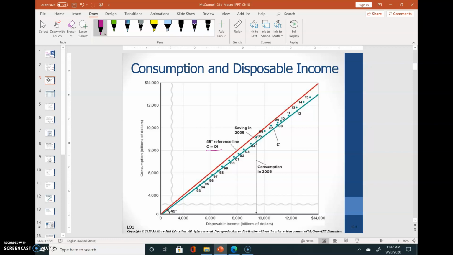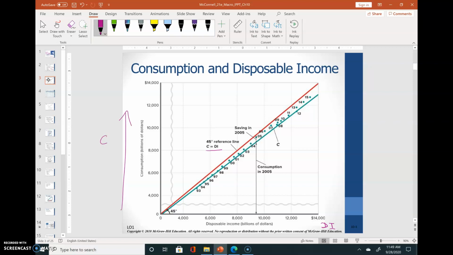And we can also see how the consumption varies with disposable income at different possible scenarios. So we have disposable income on the horizontal axis, that's increasing from left to right. We have consumption on the vertical axis, increasing from bottom up.